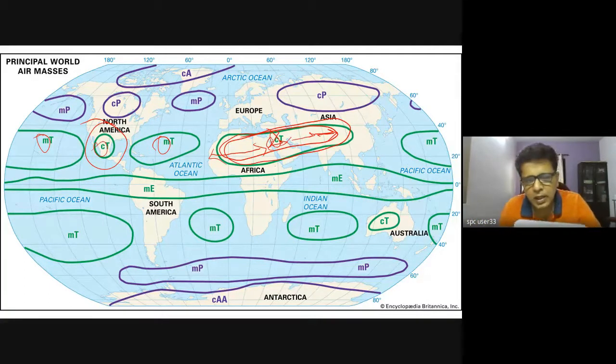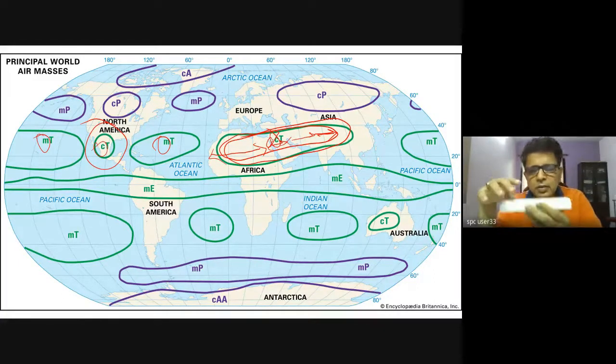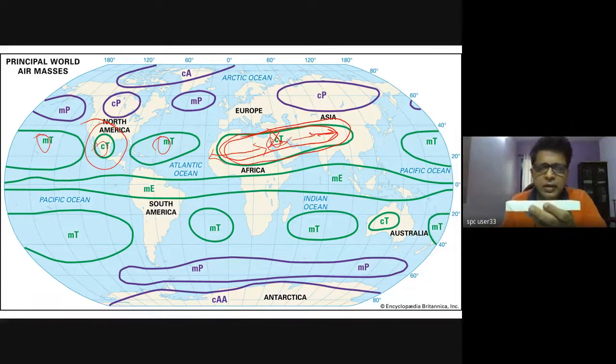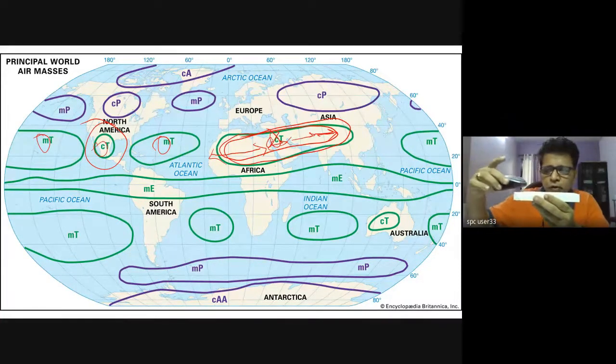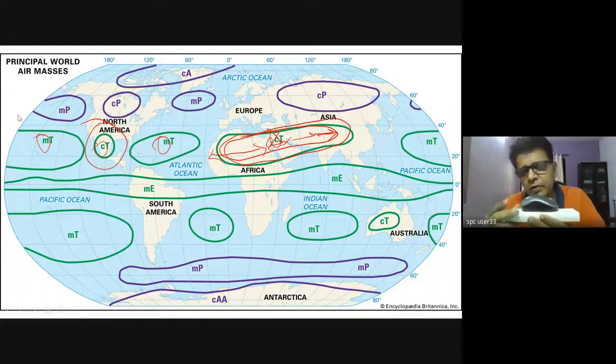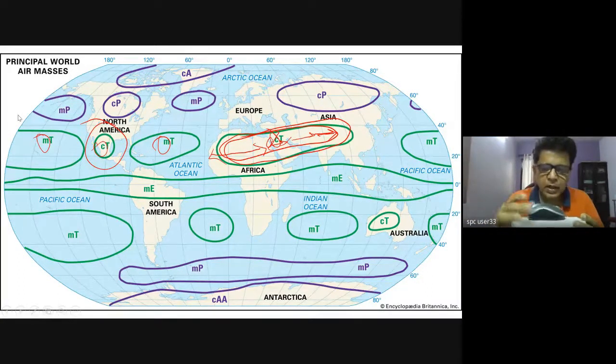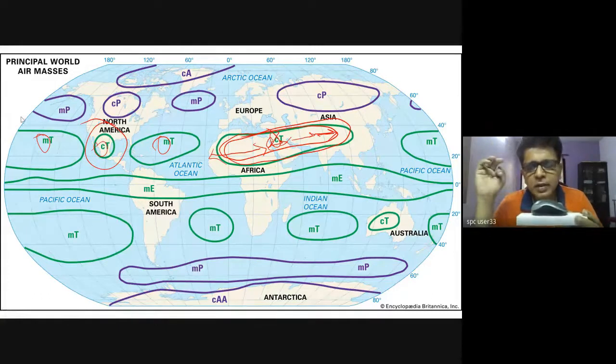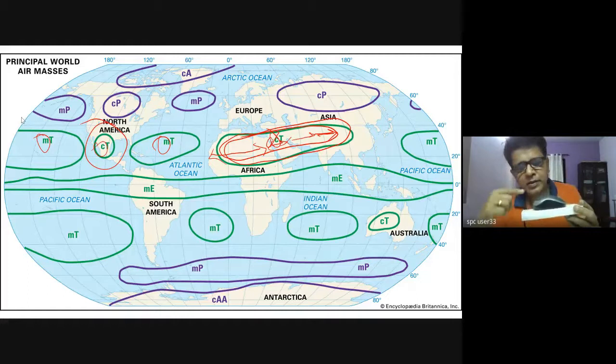Let us say this is the surface, and this part is the temperature of the air, and you have an air mass which from some other area is going to move into this. What I told you yesterday was right. I just had to confirm it because I had a confusion: you have one air mass, the local air mass, and then you have the traveling air mass, which is this air mass.